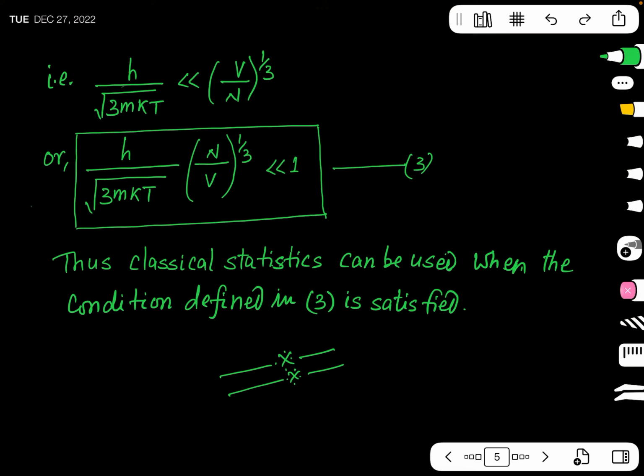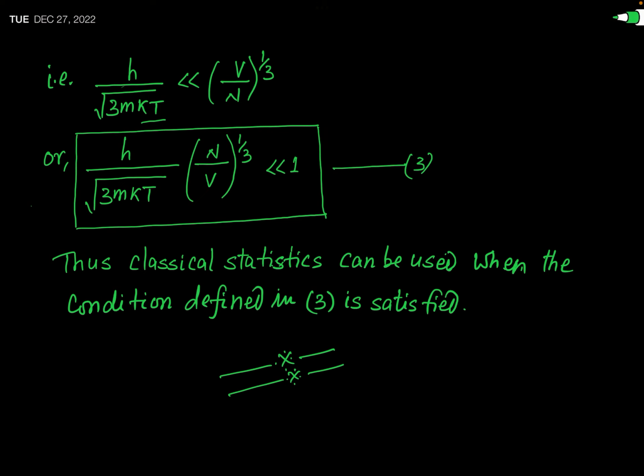You can see this will be h over root 3mkT must be much smaller than the cube root of V by N. This condition can be written as h over the square root of 3mkT times (N by V) to the power 1 by 3 must be much smaller than 1.